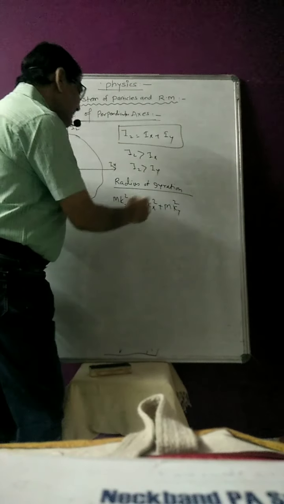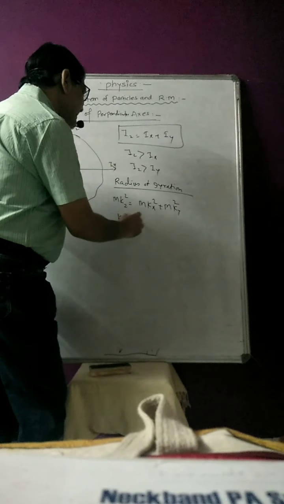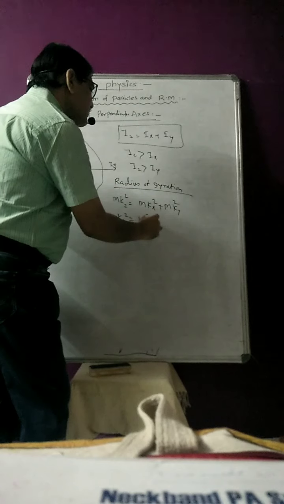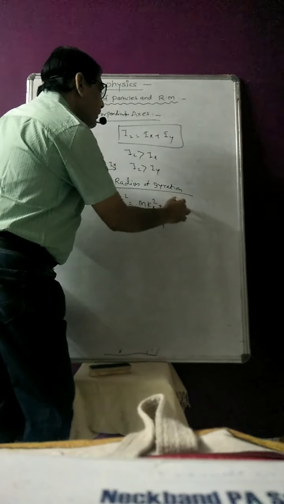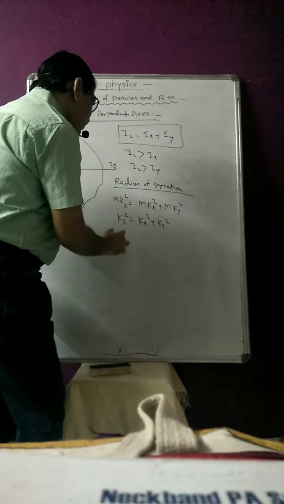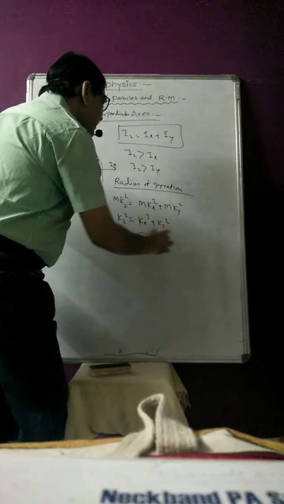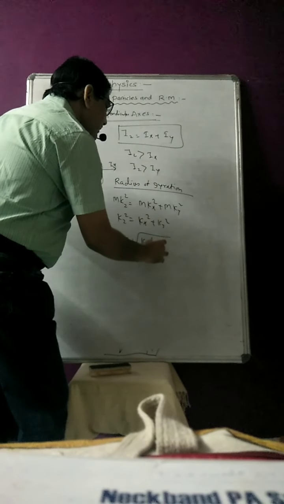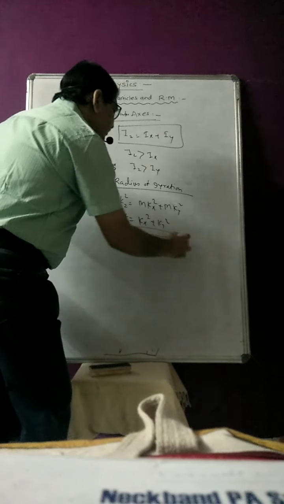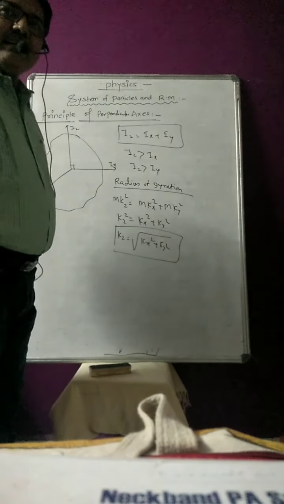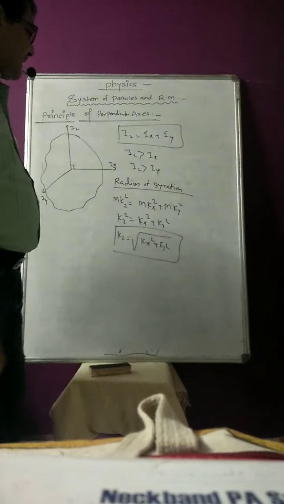So now here m will be common, then kz square can be written as kx square plus ky square. Okay, so that will be the formula, or kz is equal to under root of kx square plus ky square. So this is the first formula for calculating the radius of gyration about the z axis.